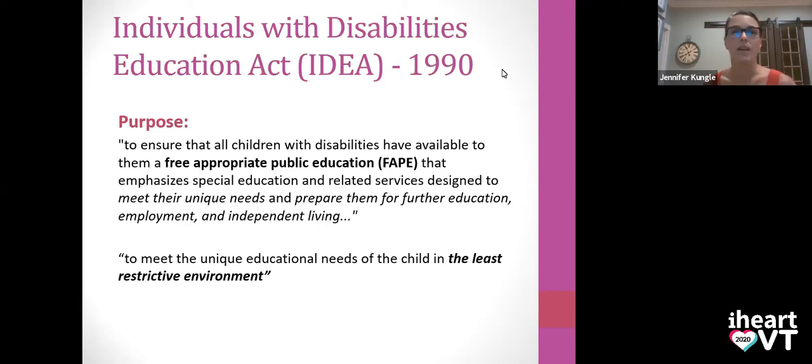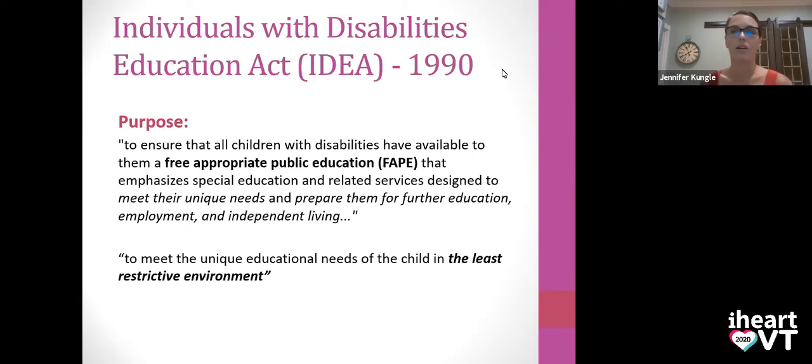That is with an emphasis on special ed and related services designed to meet their unique needs, prepare them for further education, prepare them for employment, and eventually independent living. And the purpose of providing this is to allow the child to receive it in the least restrictive environment.